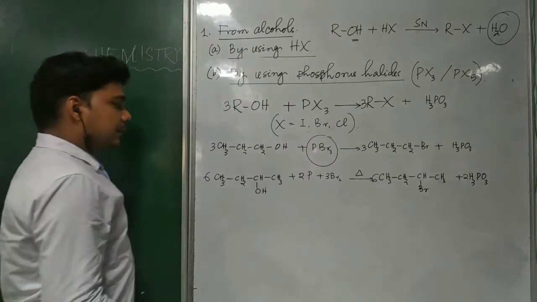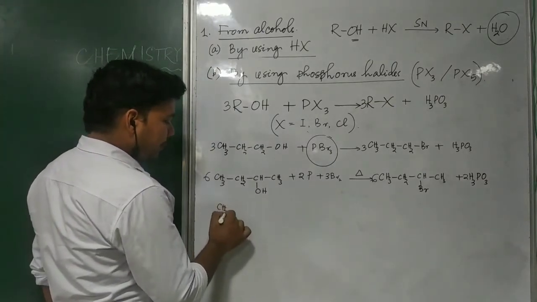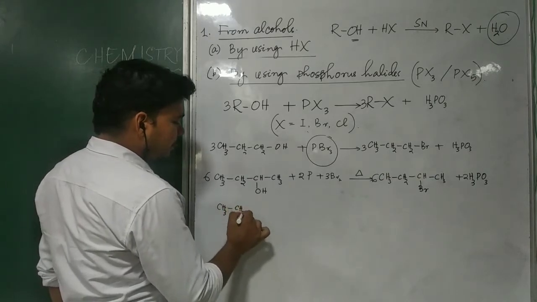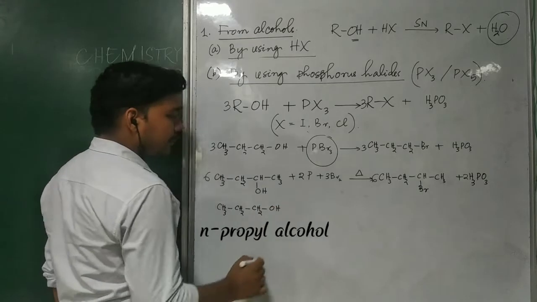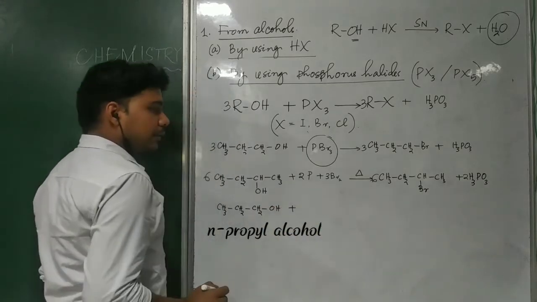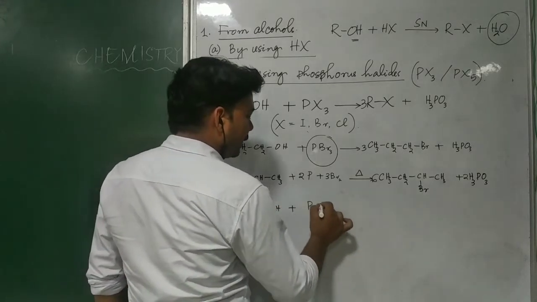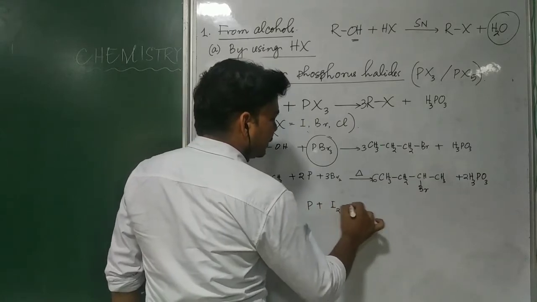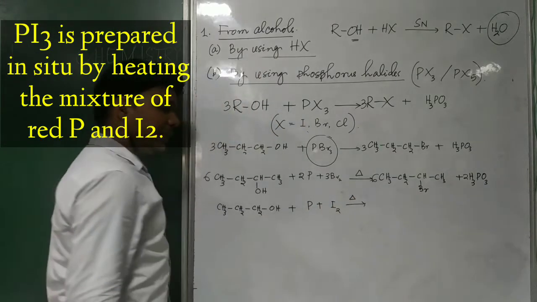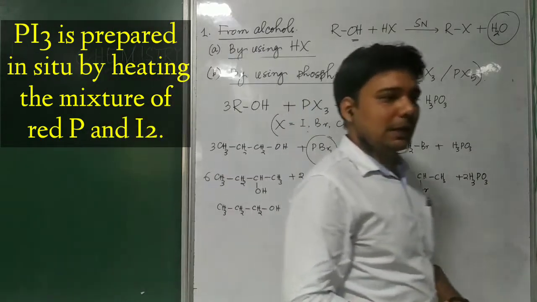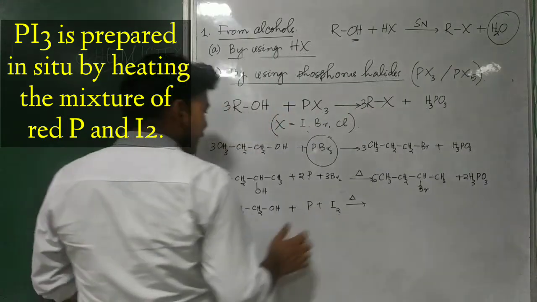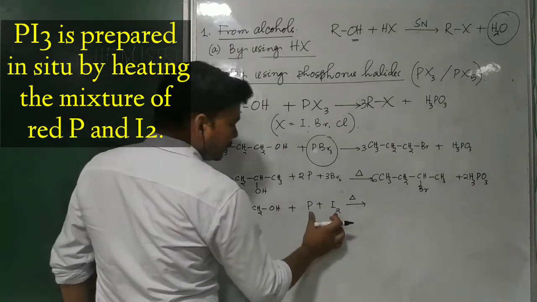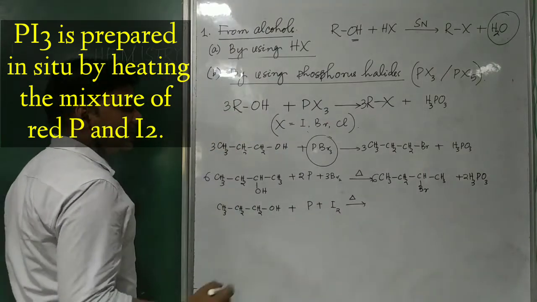If I need to obtain alkyl iodide, then I need to take the mixture of red phosphorus and I2 in the same way. PI3 is very unstable and is prepared in situ, so red phosphorus and iodine are mixed just to get PI3.